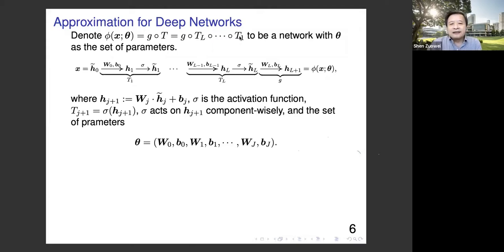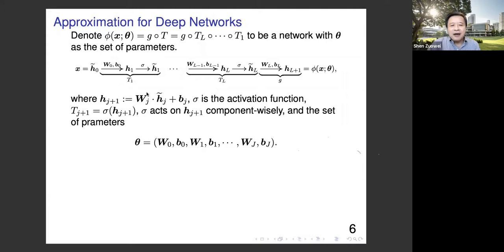Each Ti is the composition of two functions. First is an affine map, where W is a matrix and B is a vector. All of those are parameters to learn.